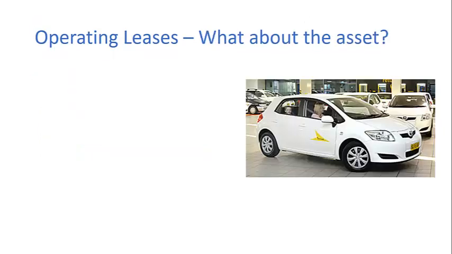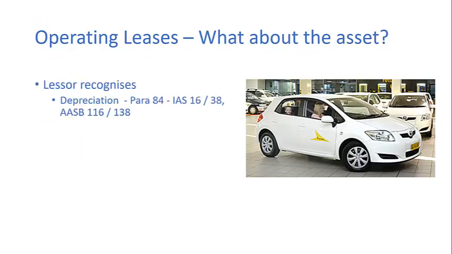For an operating lease, because the lessor retains the asset, it is of course going to be subject to depreciation. Focusing on property, plant and equipment, this will be done in accordance with AASB 116 and IAS 16. And it's also going to be subject to impairment, and this will be done in accordance with IAS 36, AASB 136.